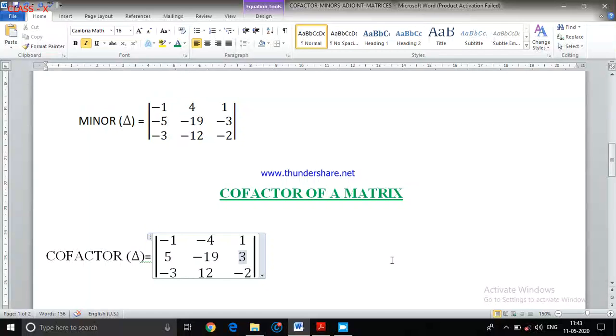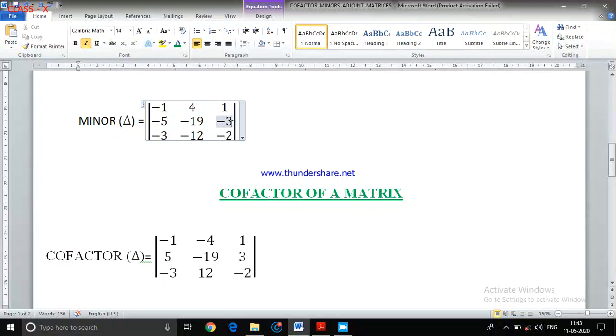Instead of remembering every time adding i plus j and deciding even or odd, then changing the sign, better you remember only 4 numbers will change the sign from minor to cofactors. This middle element on the top, here this middle element, and this element. It forms a rhombus.